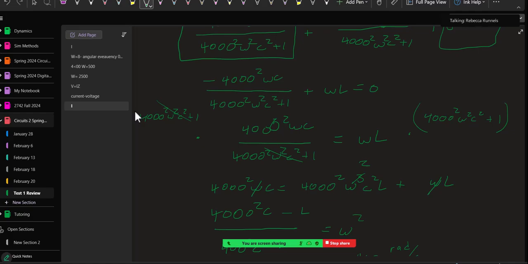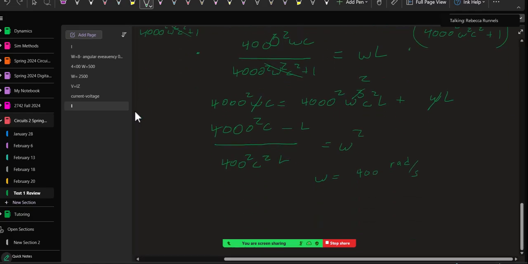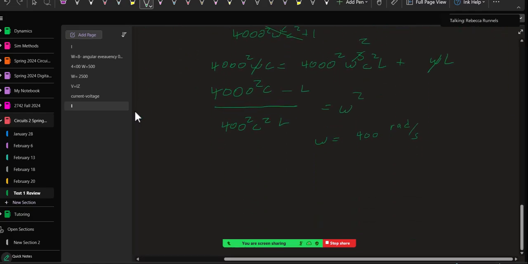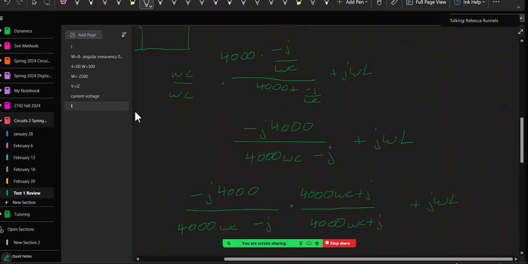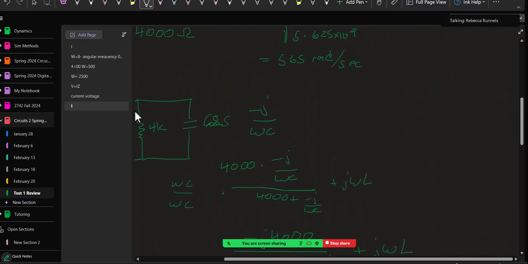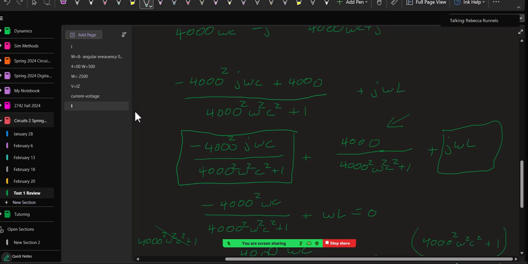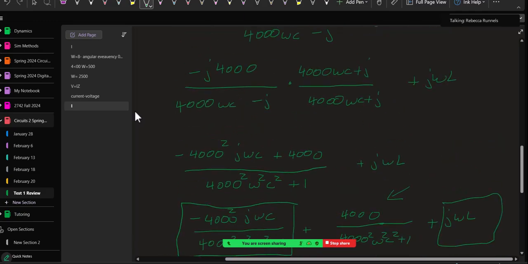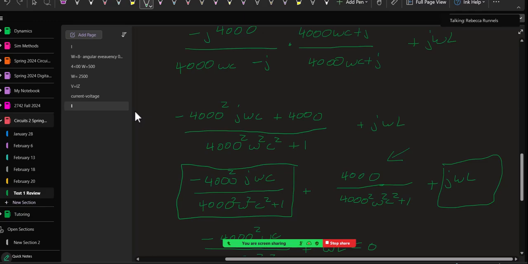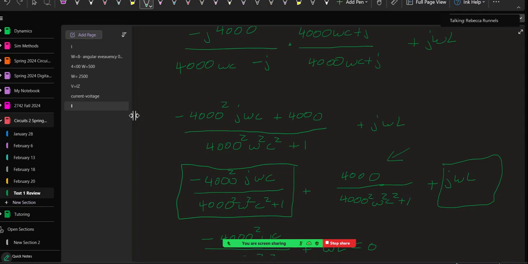And then if, in fact, I did this right, and you got omega equals 400 radians per second, if you plugged that into our total impedance, you just plug it into the real part, because the imaginary part would be 0.